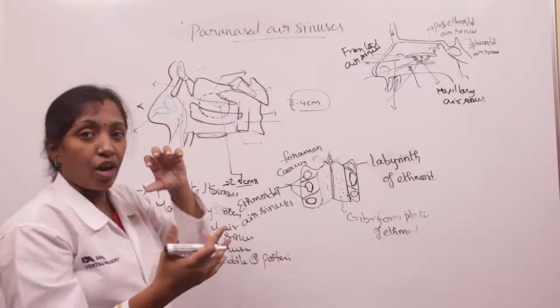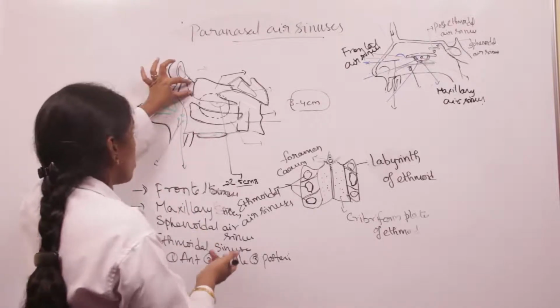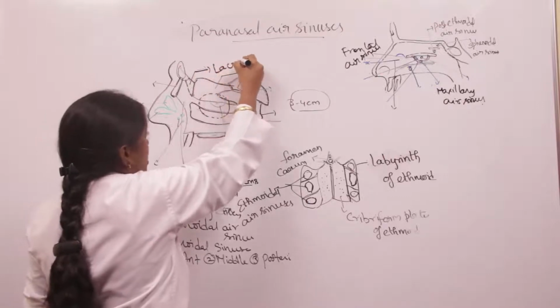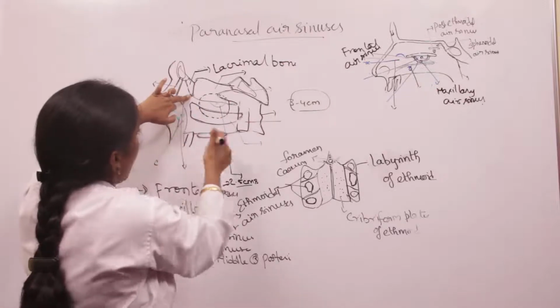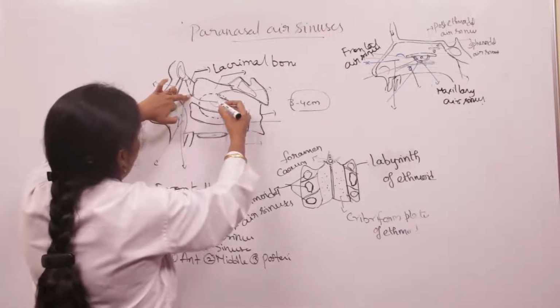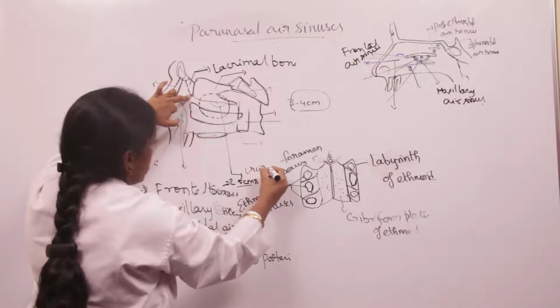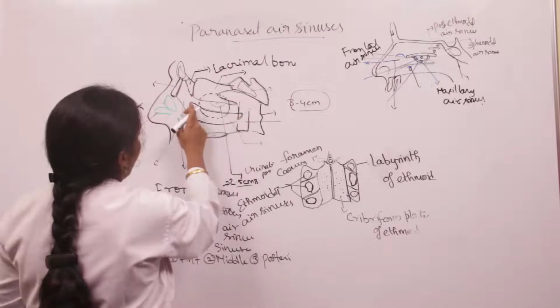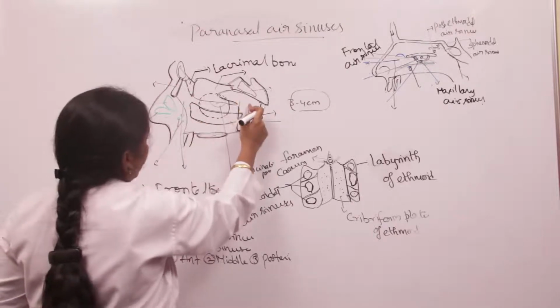What are the bones that overlap the hiatus of the maxillary sinus? This one is the nasal bone. Then the lacrimal bone, the descending part of the lacrimal bone, and the uncinate process of the ethmoid bone. Then the inferior concha below, which is an independent bone, and behind it the perpendicular plate of the palatine bone.